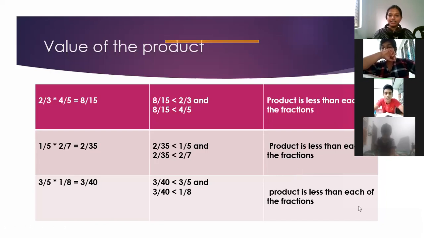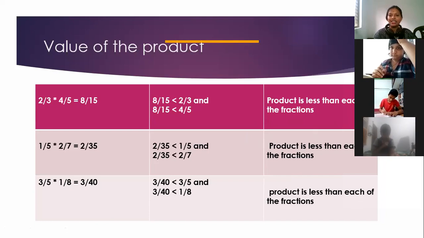From this we can say the result is also that the product is less than each of the fractions. Here also we get the product is less than each of the fractions. In the same way, you can complete your third row. Here I have chosen 1 in the blank column, and you can choose any number other than 1 as you like.